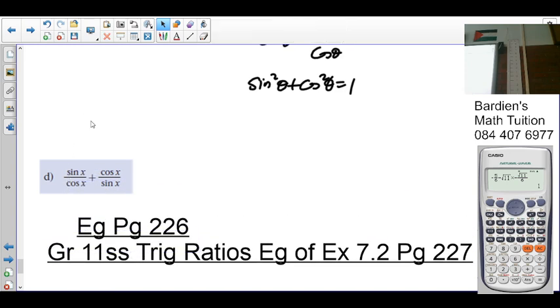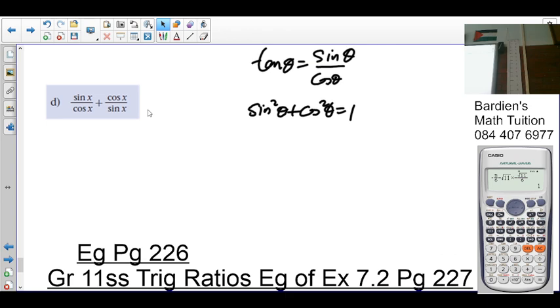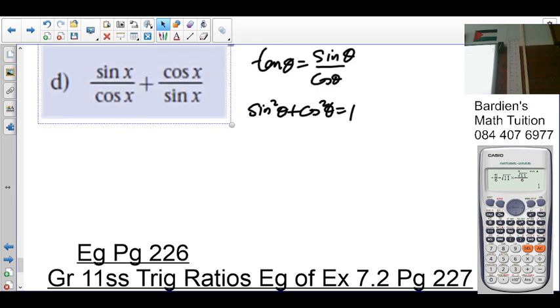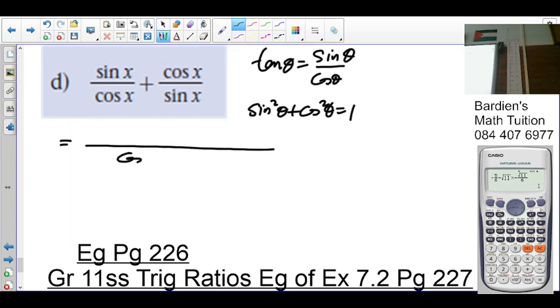Let's look at D. Here we got sin x over cos x plus cos x over sin x. What do we do first? LCM. And what's my LCM here? Cos x, sin x. So what must this be multiplied by? Sin x.